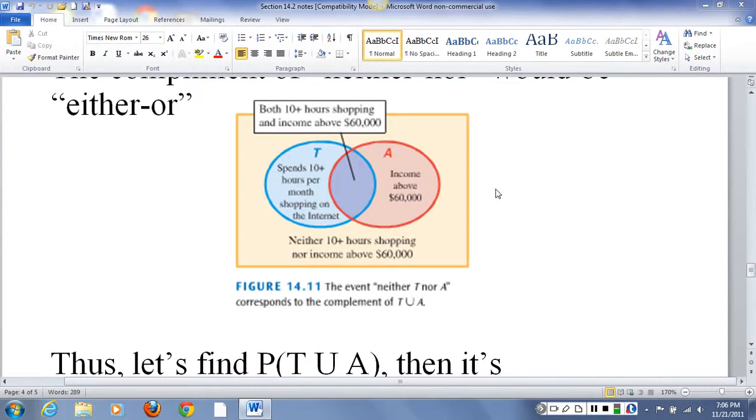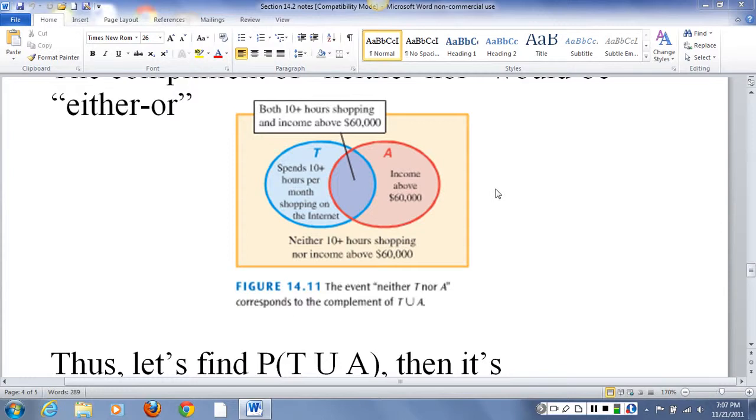Again, what we're asking for is neither 10 plus hours shopping nor income above 60,000. So if you look at it in terms of, again, the Venn diagram, the opposite of that, the complement, is that we do shop more than 10 hours and we have income above 60,000, which is the intersection of these two sets. So again, the complement is everything that's not in there.